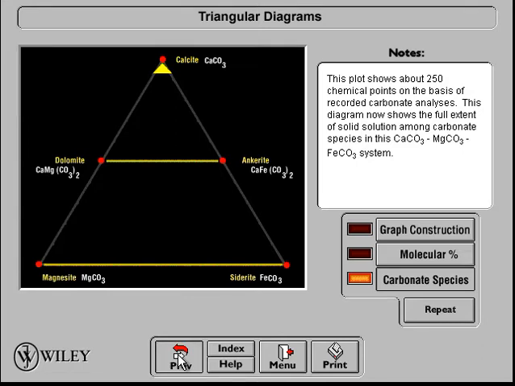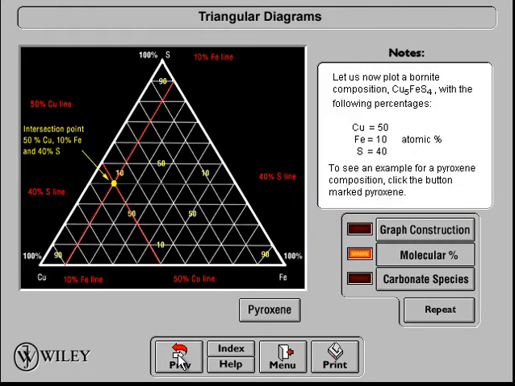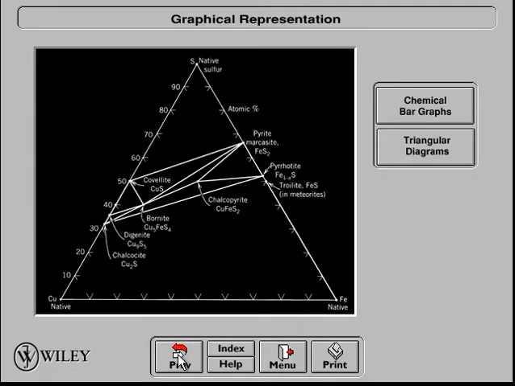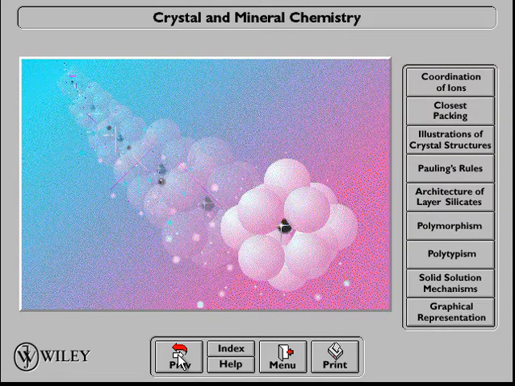So now we are using our previous button. We are using again previous, previous, previous, previous, previous, and we are now finished with part 1 out of 4 belonging to crystal and mineral chemistry.